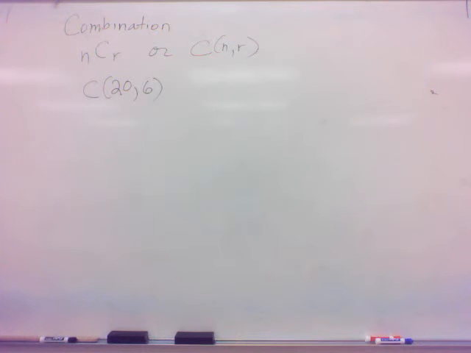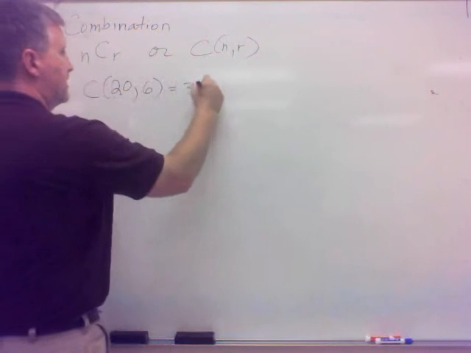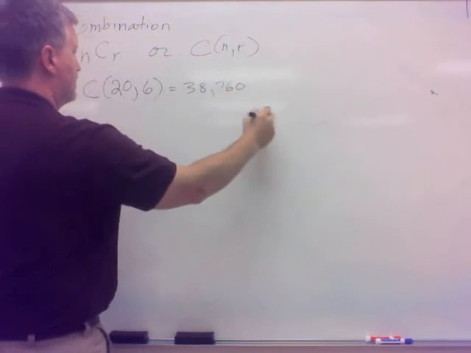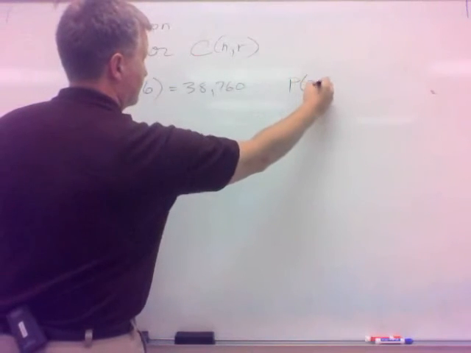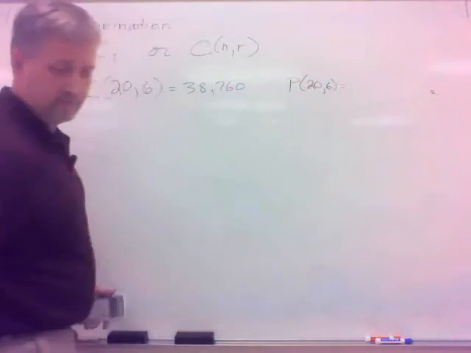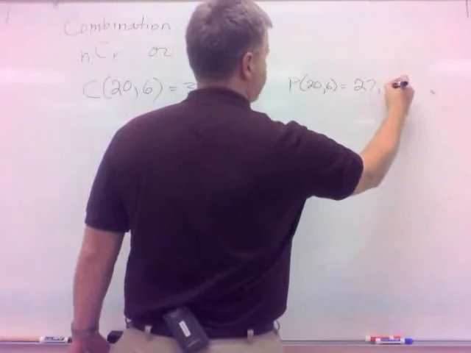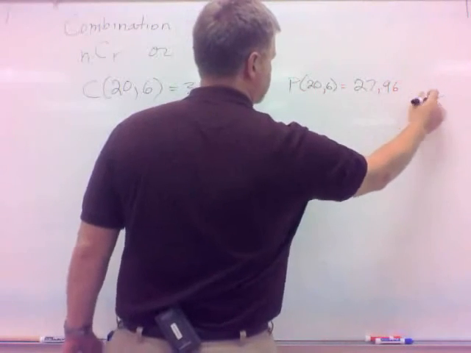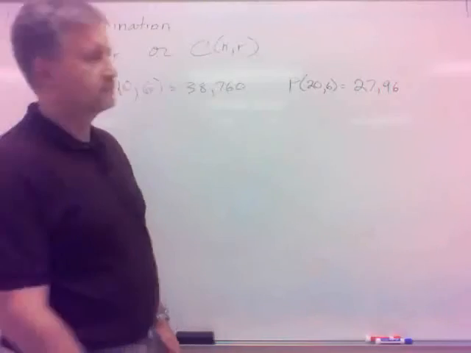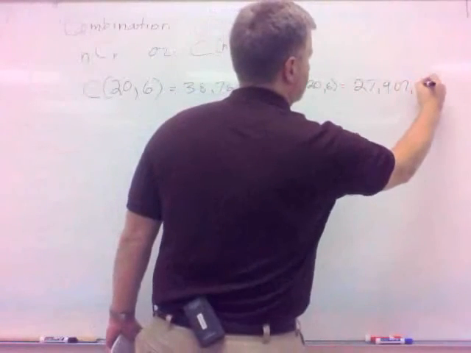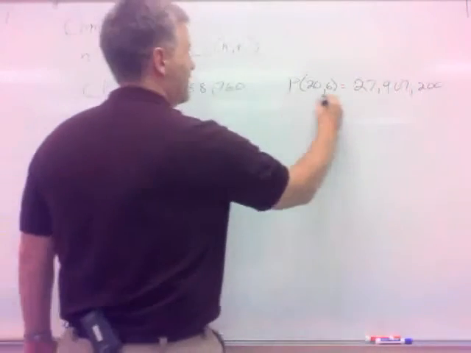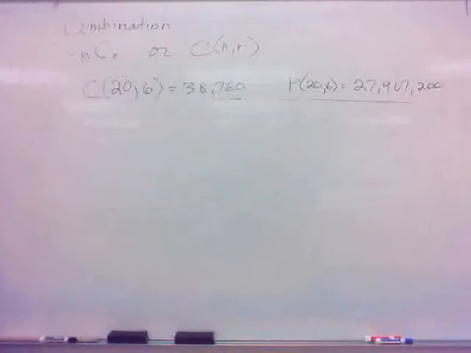What do you get for combination? 38,760. And what was the permutation one? It was 37 million something, wasn't it? 27 million 900. Okay. So comparison-wise, it's a lot smaller number, isn't it? Combinations, there's just a lot fewer of them, and I'll explain why that is in just a second.